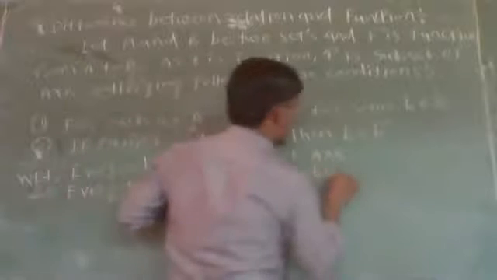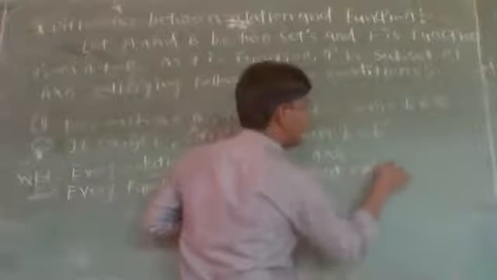But every relation is not a function. Since if we take any subset of A cross B, then it is a relation, but for a function we have to check these two conditions.